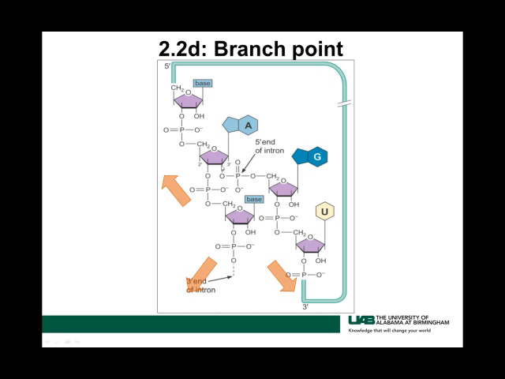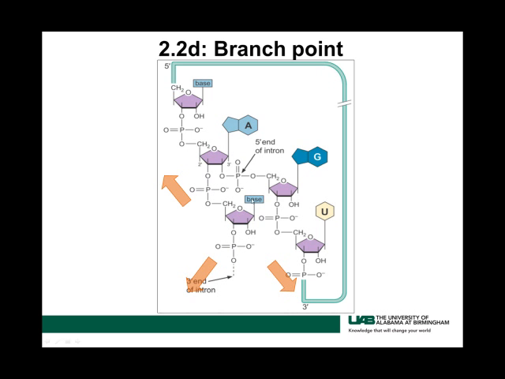And as you can see, the 3' OH of the same ribose sugar exists in a phosphodiester bond with the phosphate group of the next base that is here. The intron is from here, and this is the next one, and it just goes on and on.